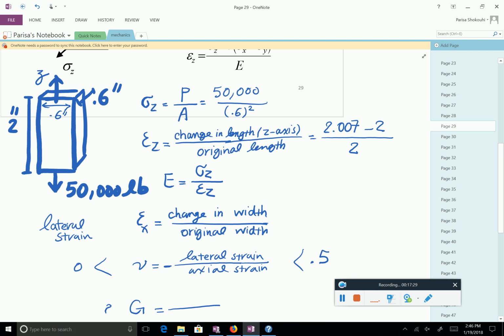No, I'm saying what if the two on top were not equal? Then it's going to be a problem. How to get the Poisson's ratio here? Then you have two Poisson's ratios, if the changes will be also proportionally different. So if the material is isotropic, you are going to get the same Poisson's ratio in both directions.